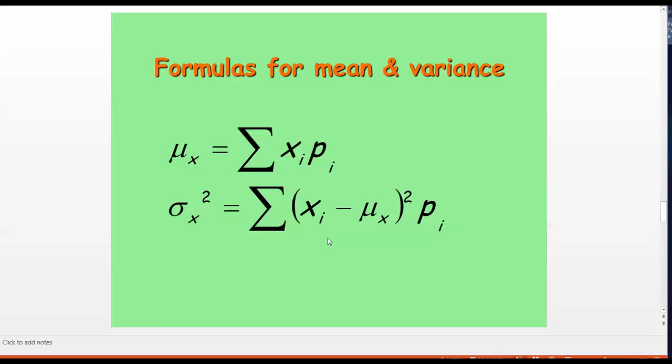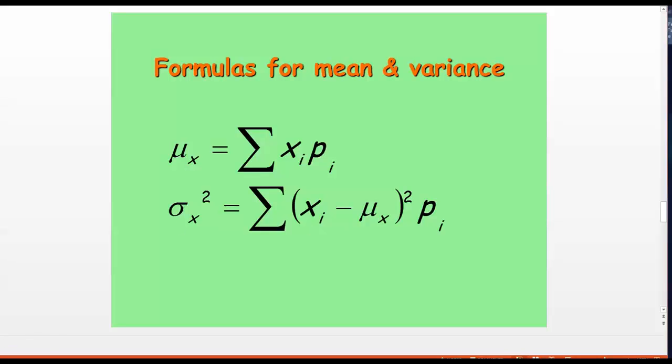To find the standard deviation, I need to take each observation minus the overall mean of the observations, square them, multiply the squared number times the probability of that particular observation, and then add it together. The sum of those gives us the variance of the distribution, in which case we take the square root to find the standard deviation.